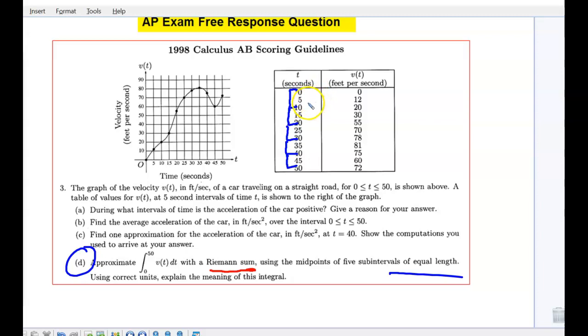So the middle of 0 and 10 is 5, so I'm going to use the height of 12 for the first rectangle. And the middle of 10 and 20 is 15, so I'd use the height of 30, and then I'd use the height of 70, 81, and 60.